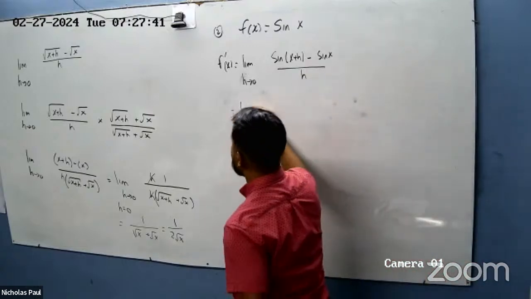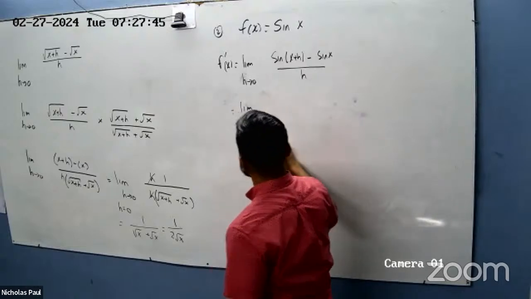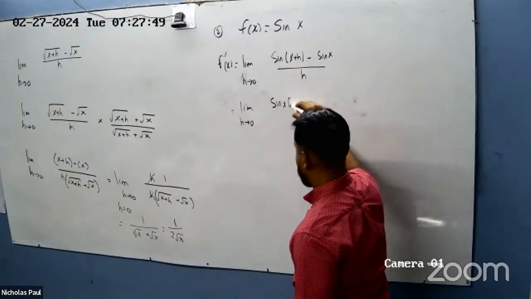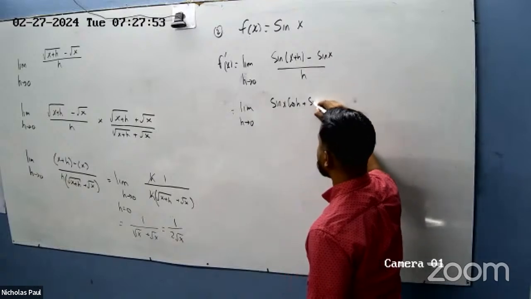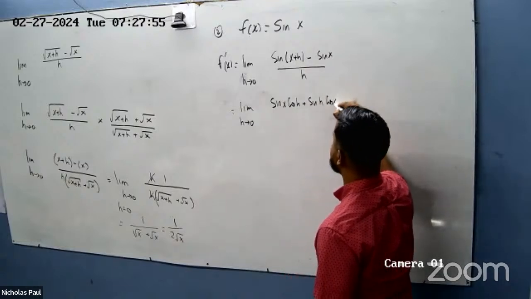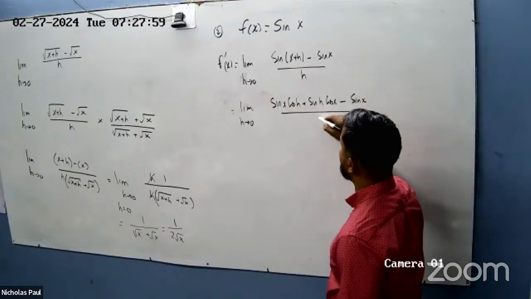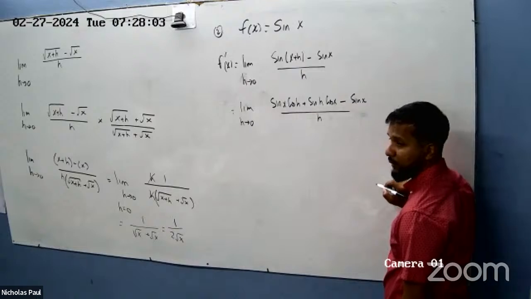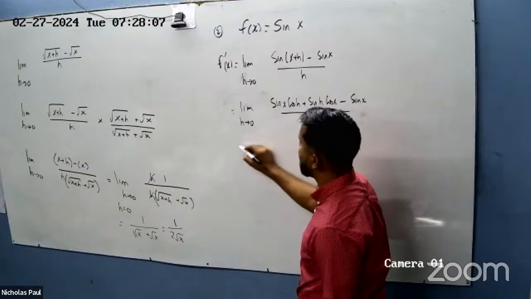So you'll end up with the limit as h approaches 0 of sine x cos h plus sine h cos x minus sine x, all over h. That's okay? So now let's break this up slightly.